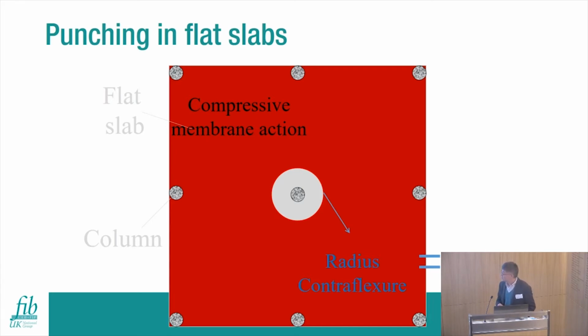And here there are two beneficial effects that increase punching resistance. So first of all, we have compressive membrane action. And this comes about because cracking of the slab in the hogging region around the column leads to lateral expansion, which is restrained by the surrounding slab. And this generates radial compressive stresses, which increase the punching resistance.